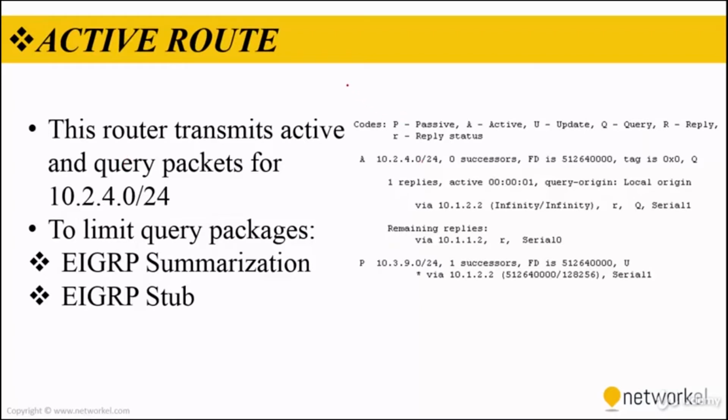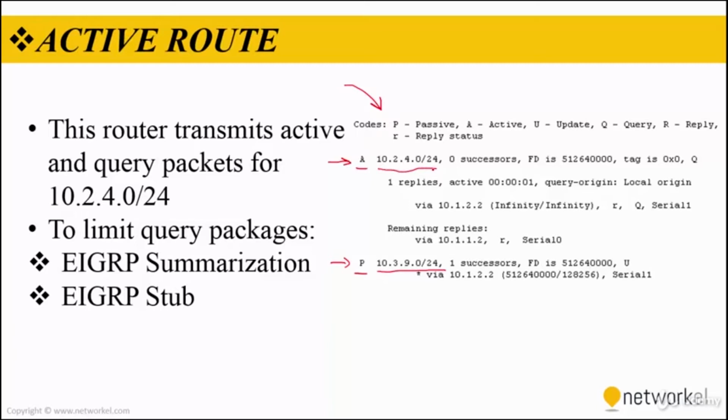Let's take a look at the output. In the output, this router has an active state and a passive state. The passive state is for the 10.3.9.0 network, and the active state is for the 10.2.4.0 network.